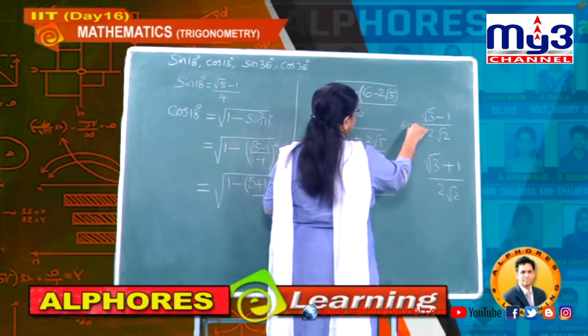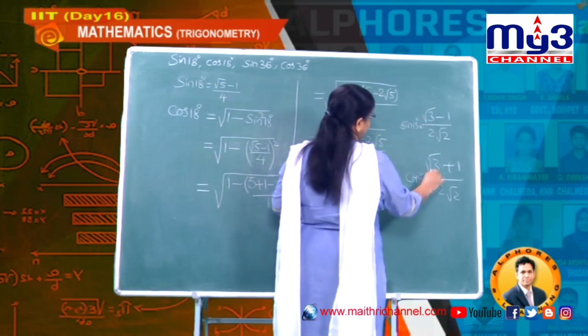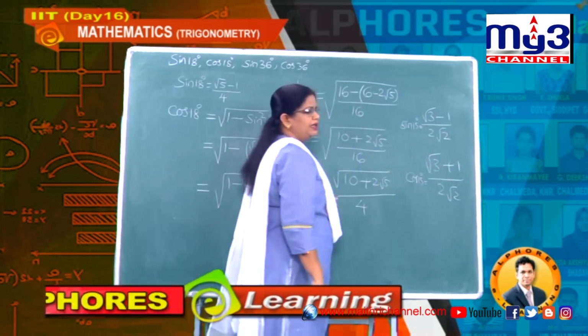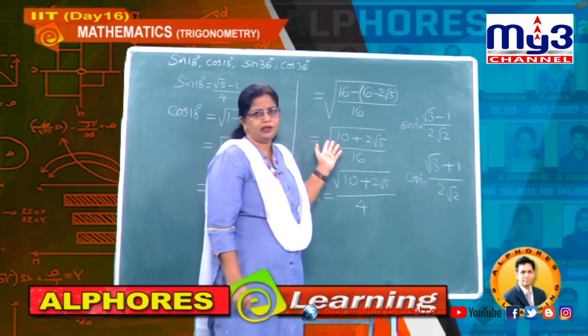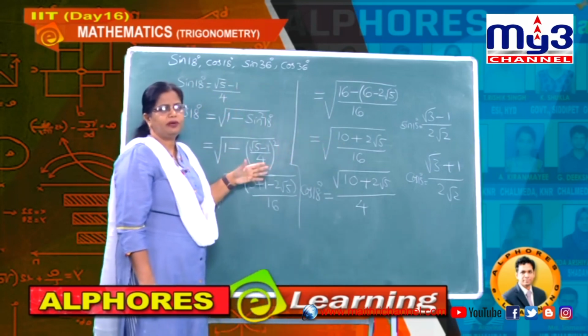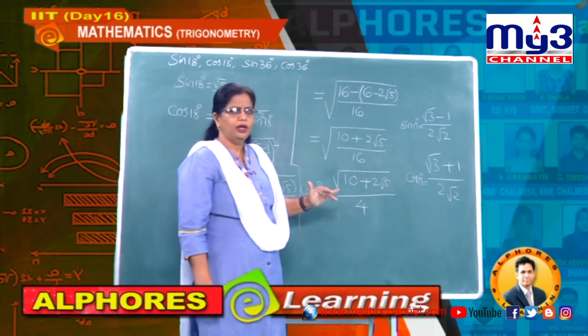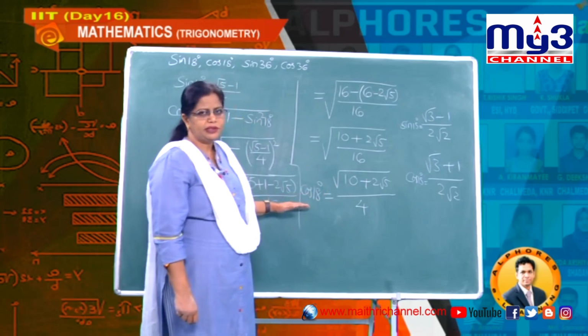This is sin 15 and this one is cos 15. One value has a minus symbol and the other a plus symbol. Now in this problem it is not coming like that. Sin 18 you got root 5 minus 1 by 4, that does not mean cos 18 is root 5 plus 1 by 4. Okay, it is different.